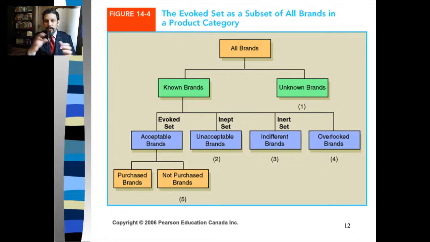There will be acceptable brands and there will be unacceptable brands within these categories. There'll be brands that you'd be indifferent about, you don't really care, and then the brands that are overlooked. And within all of these, obviously, brands you've tried before and brands you have not tried before.